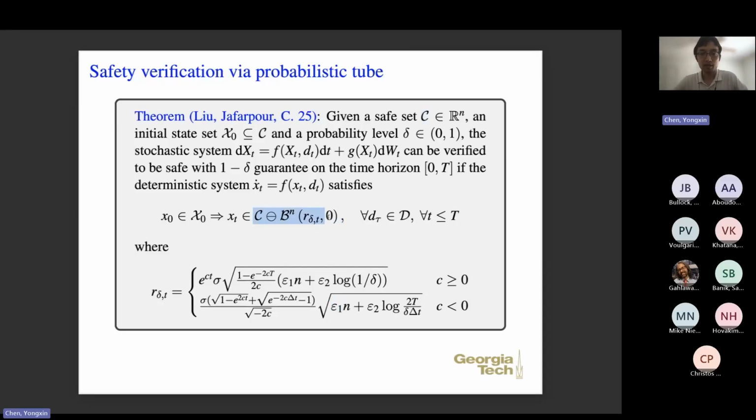If you can ensure your deterministic system is safe with respect to this shrunk safe set, then you can ensure the original stochastic system is safe with respect to the original safe set. In this way, we essentially reduce the stochastic safety verification problem into a deterministic one, and then you can use whatever method you like. And that is basically the end of the result.